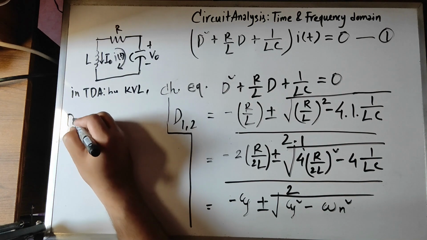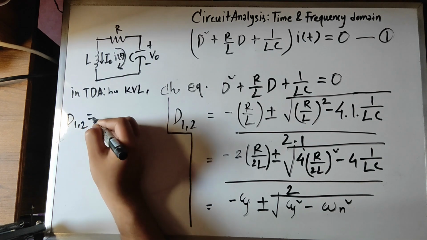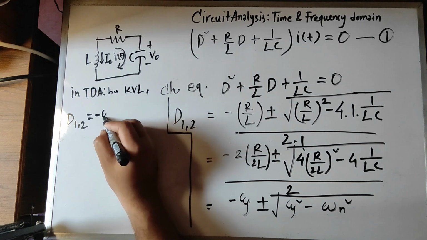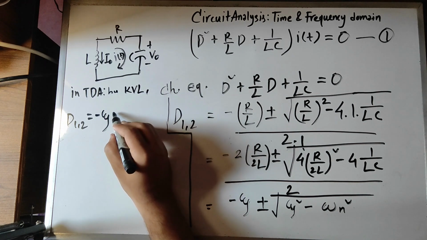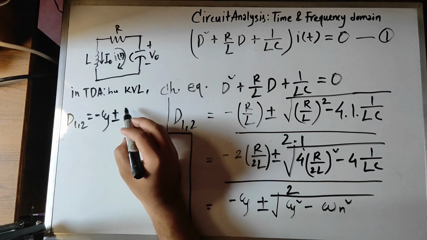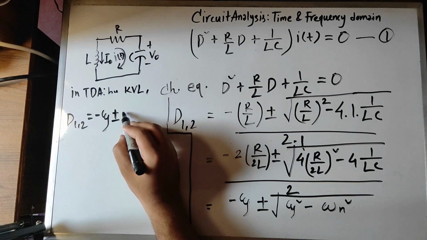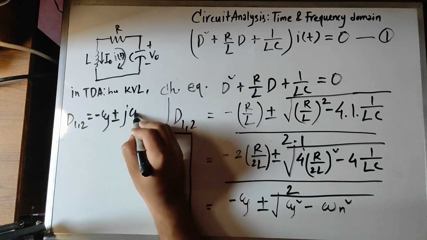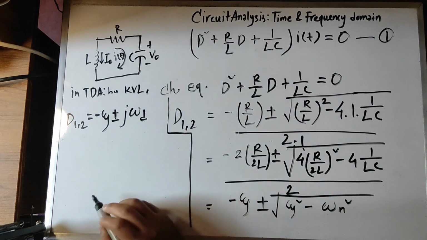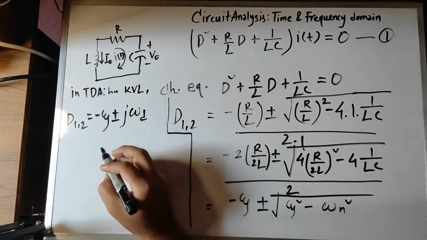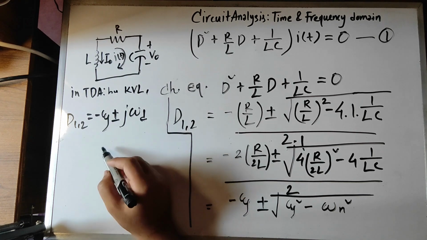So d1,2 is minus zeta plus minus j omega d. So you can see what I have done here. These are the two roots or eigenvalues.